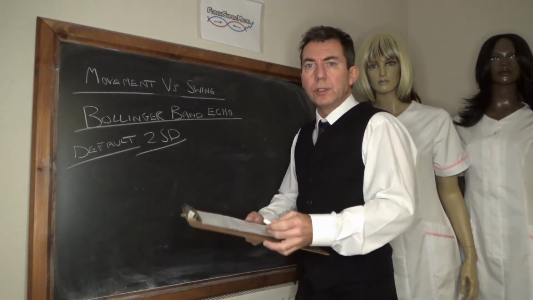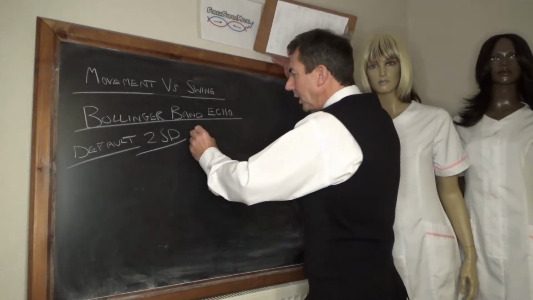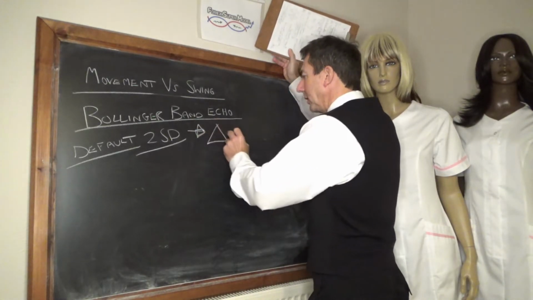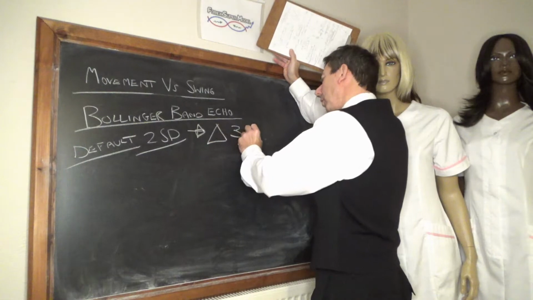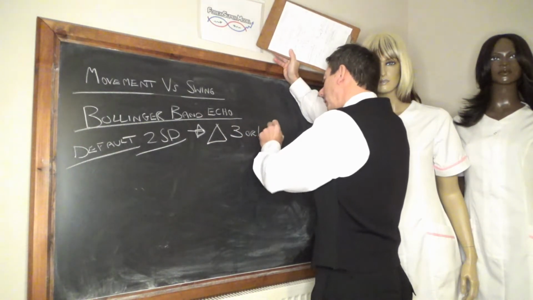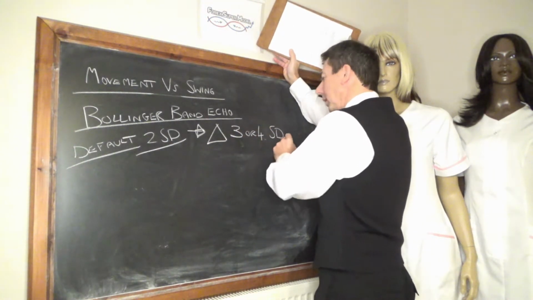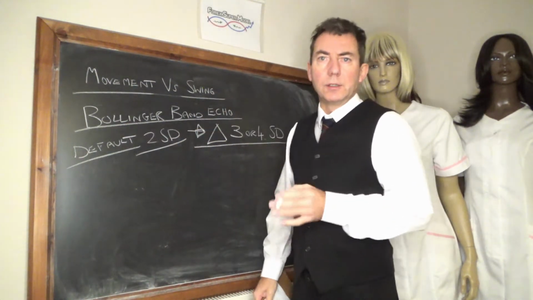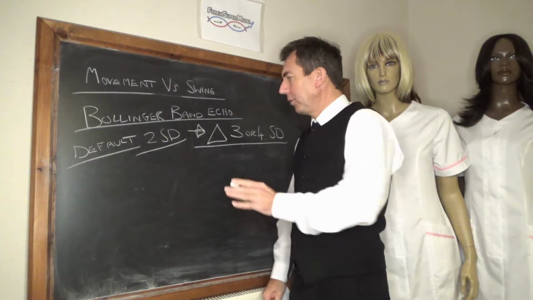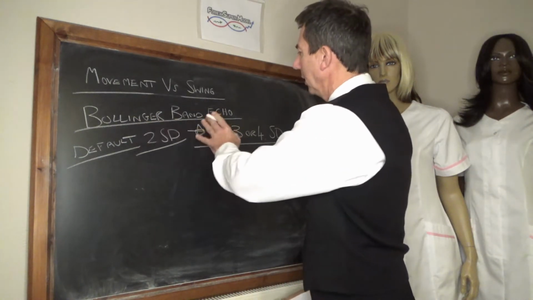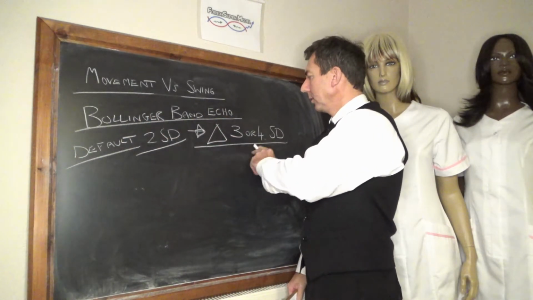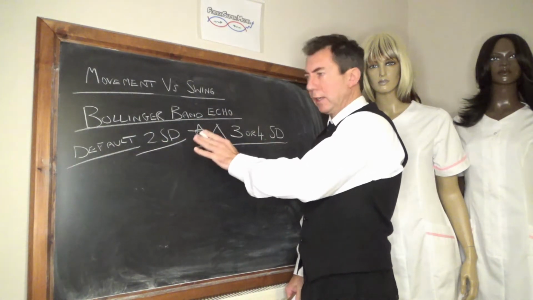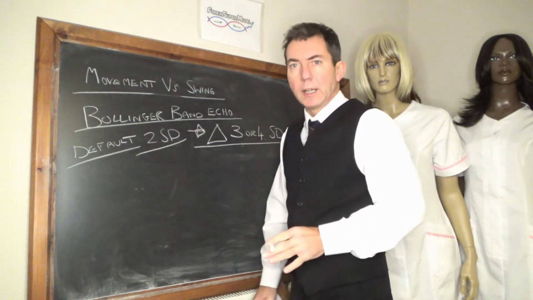Now we suggest you change the settings to 3 or 4 standard deviations. We can go into the ins and outs of that, but basically if you change the Bollinger indicator from the default 2 standard deviations to 3 or 4, you get a clearer picture.